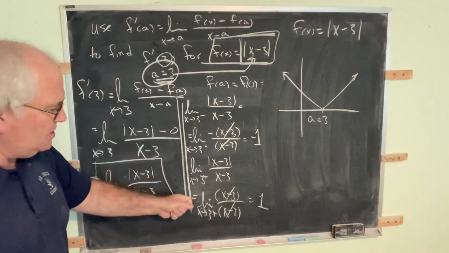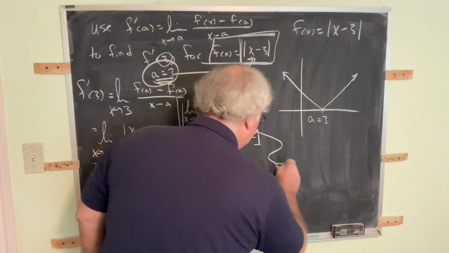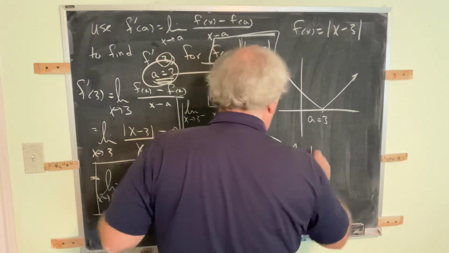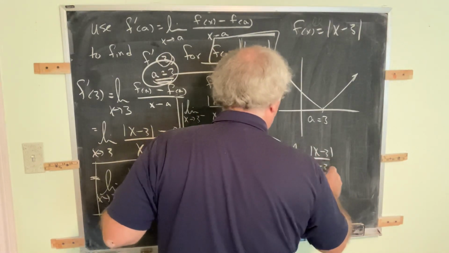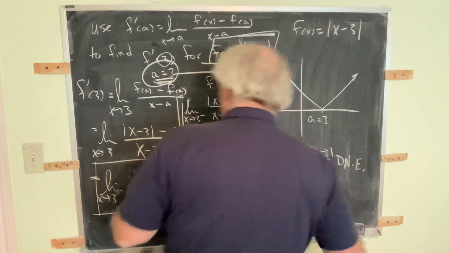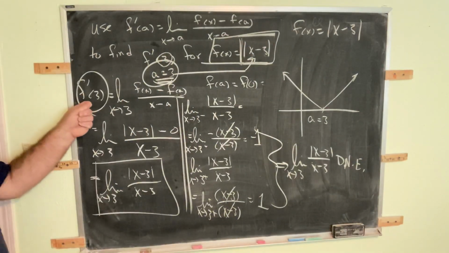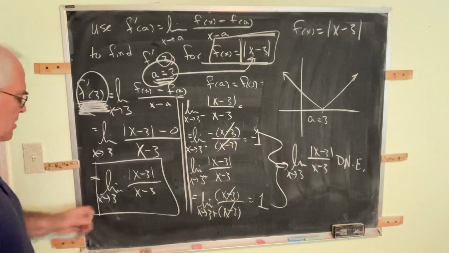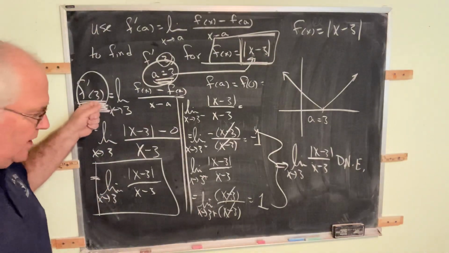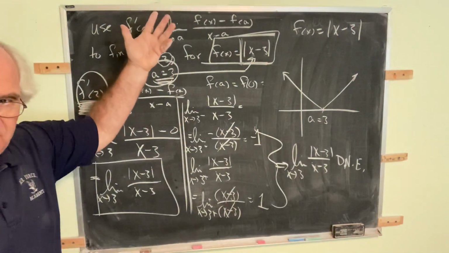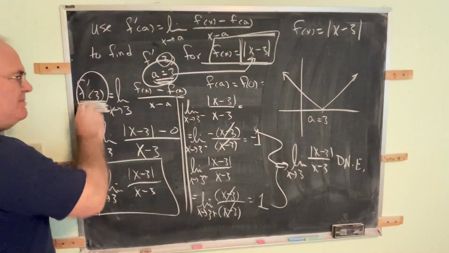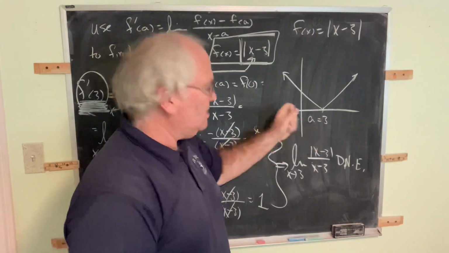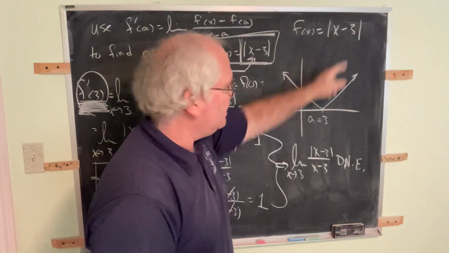Since the left and right hand limits do not agree, we conclude that the limit as x approaches 3 of absolute x minus 3 over x minus 3 does not exist, which is to say the derivative does not exist at 3. If you chose a number other than 3, you would get a solution. At 3, the absolute value of x minus 3 does not have a derivative.